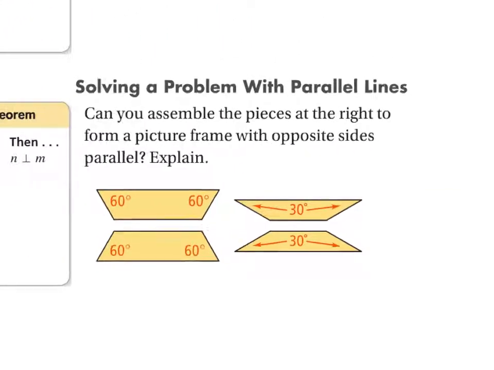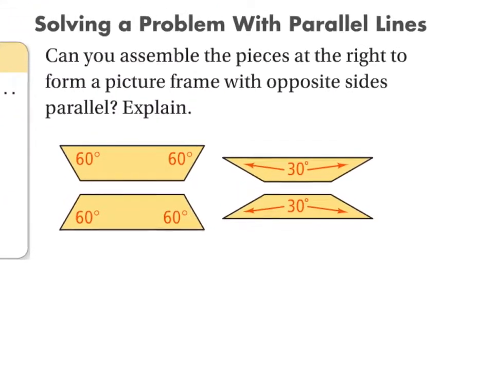Let's take a look at this problem here. Solving problems with parallel lines. Can you assemble the pieces below to form a picture frame with opposite sides parallel? All right, so picture these as pieces of wood.